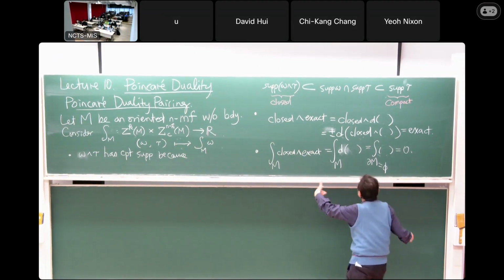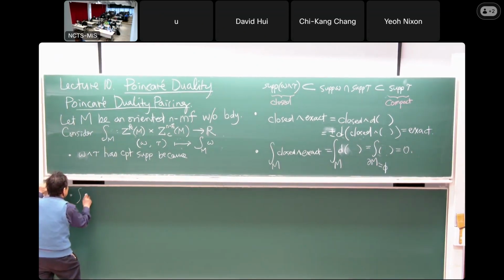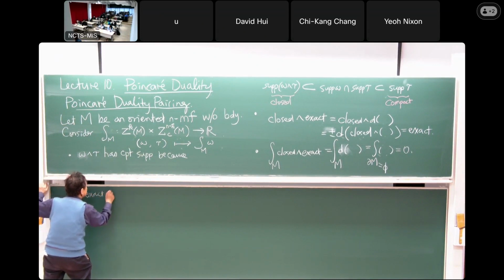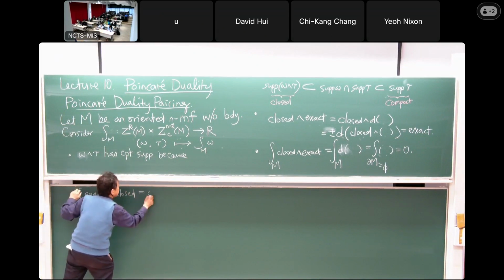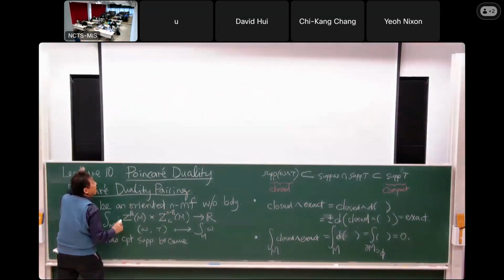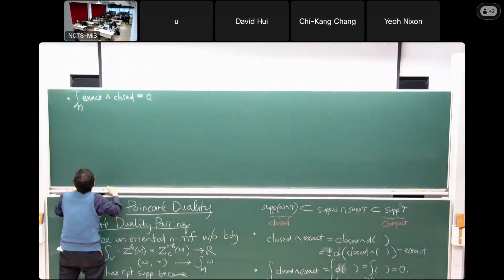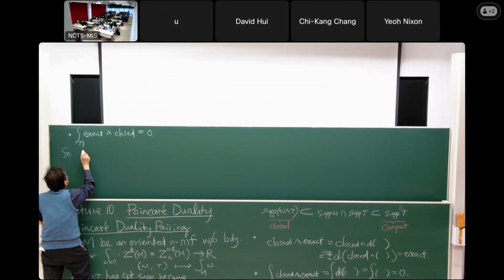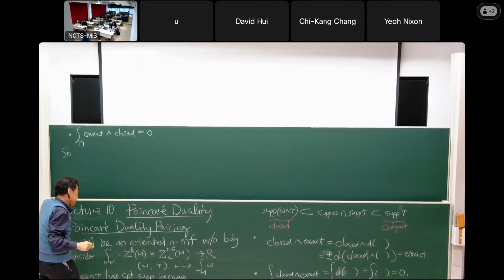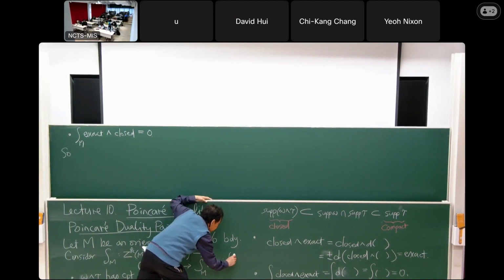Well, of course, it goes the other way too. The integral of an exact form wedge a closed form is also 0. And so this map, the integration map, let's call it star.